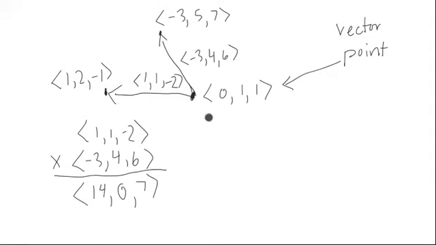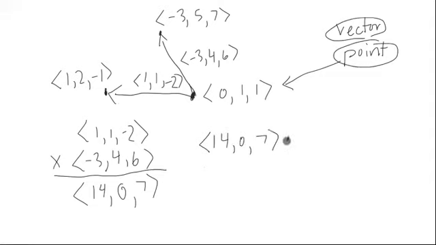So taking a look at this, we have our vector and we have our point, and let's use them. Our vector, write down right here, 14, 0, 7. And we dot it with any vector that emanates from this point to somewhere x, y, z. This vector is simply the difference of this and this. We're getting any point that'll make a vector from here to here that's going to be orthogonal to the vector we found.